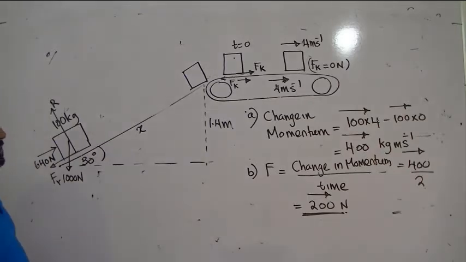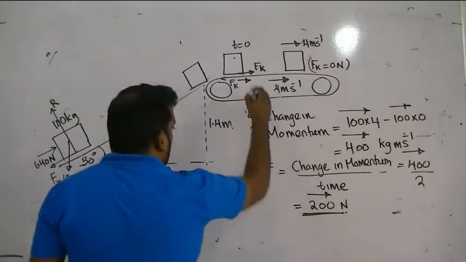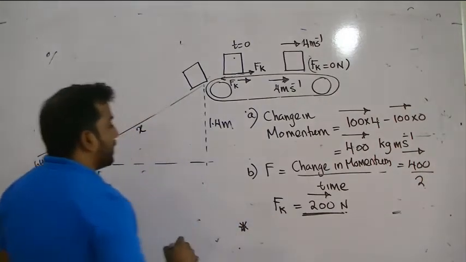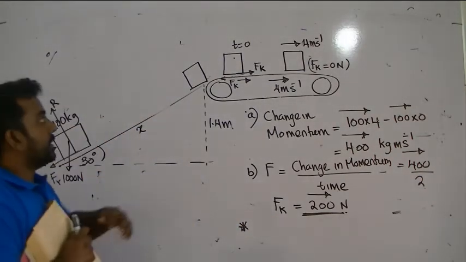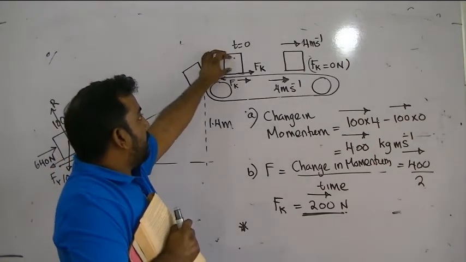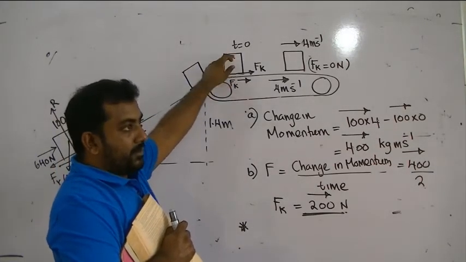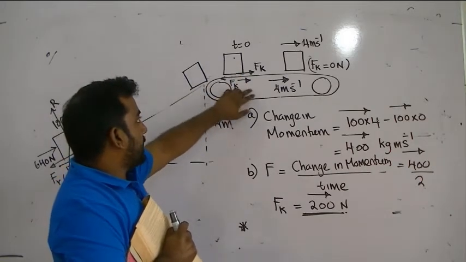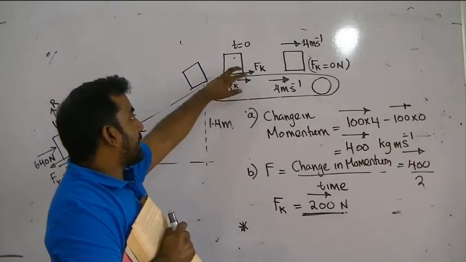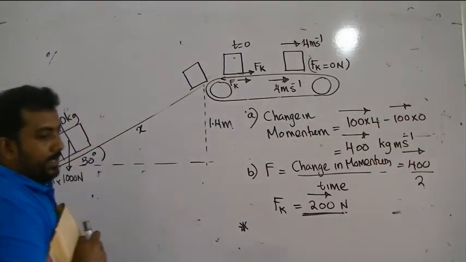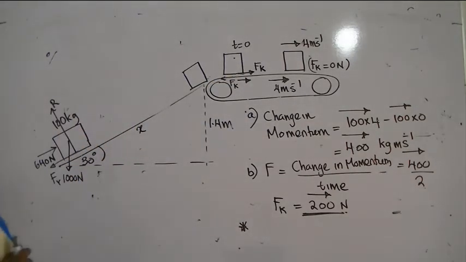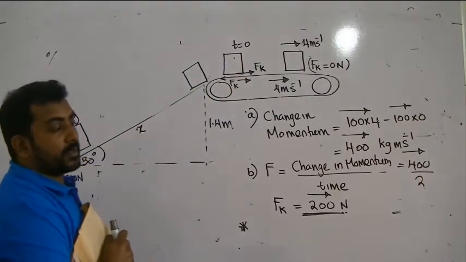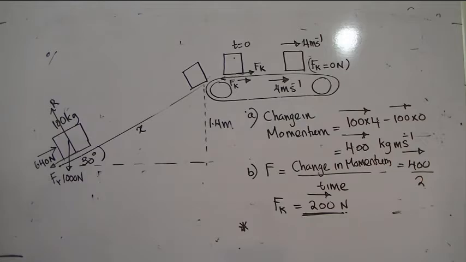Explain how this force originated. This force is actually the dynamic friction force. You can put a star and write it there. When the object is kept on the belt, there is a relative motion between the object and the belt.